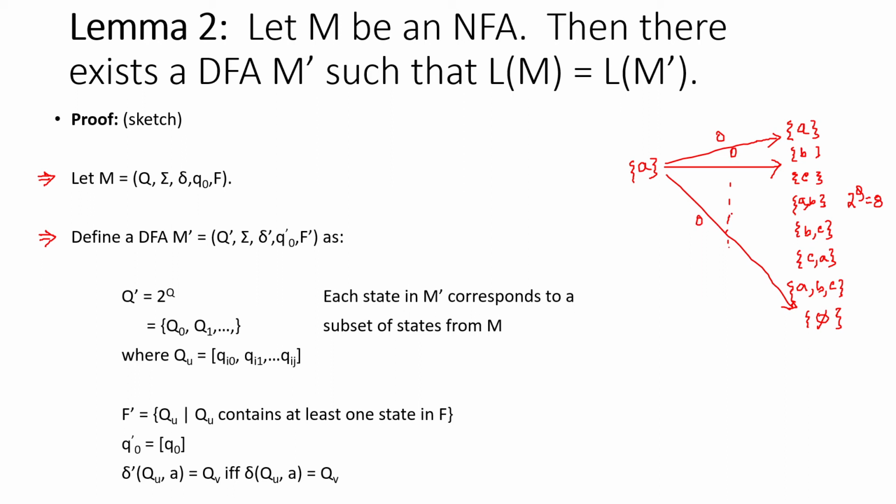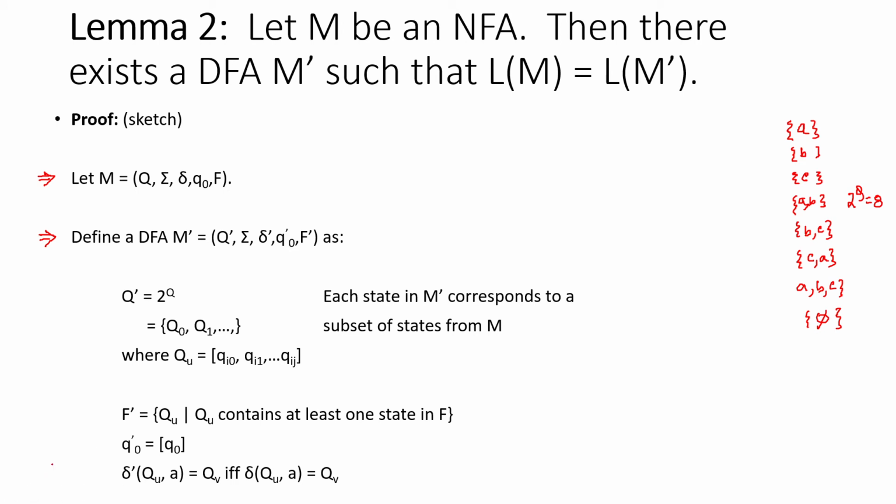So what we are doing in this DFA, we are representing Q dash, we are actually representing these states A, B, C, AB, BC as individual states in the DFA. So just try to assume a situation where we are trying to map these states.